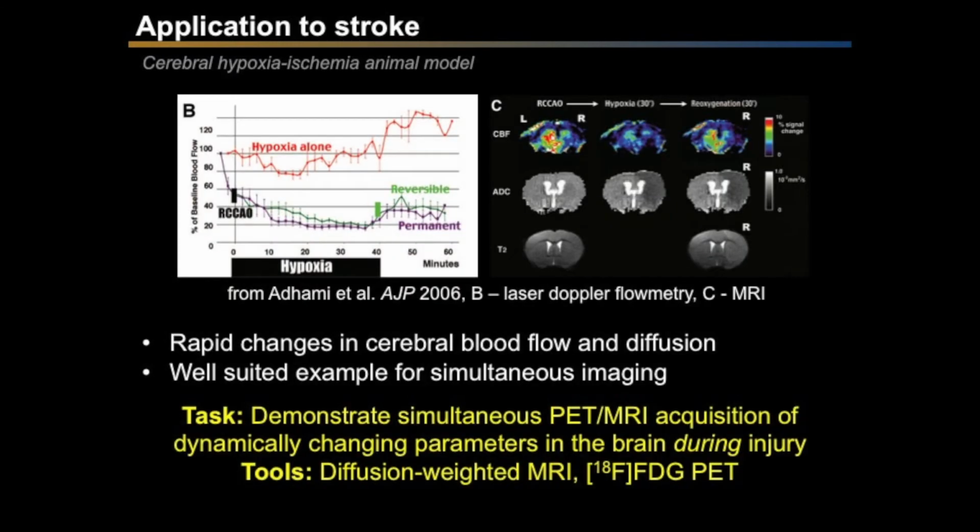And literature has shown that indeed the physiological changes that are occurring in the brain happen as soon as you start the hypoxic challenge.